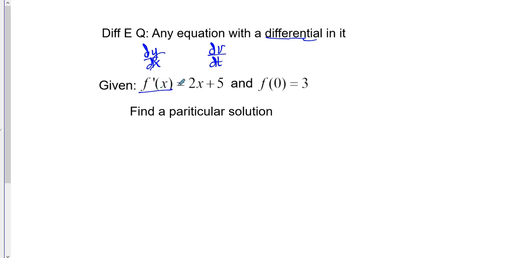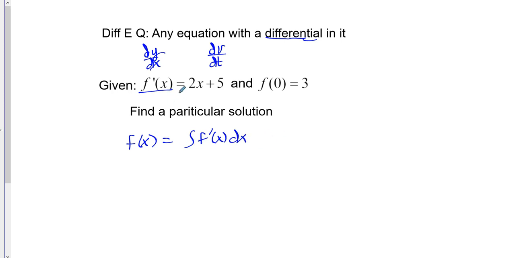In this case, this is actually considered a differential. I have f prime is given to be 2x plus 5, and they gave me f of 0 equals 3. And remember, they use this phrase, find a particular solution to a differential equation. So all that means is that if I want to find f of x, I will need to take the integral of f prime, and this isn't going to be a definite integral, this is an indefinite integral.